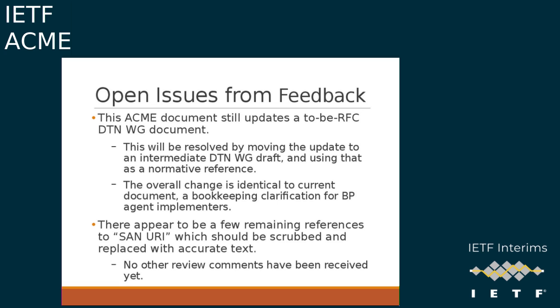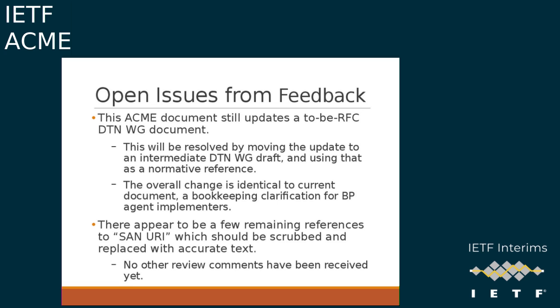Hi, Brian. Can you tell me which document is going to contain the other name definition? Because it's not in the ACME one, so I assume it's in some DTN one. It's the TCP CLv4. That is where the actual certificate profile is located.